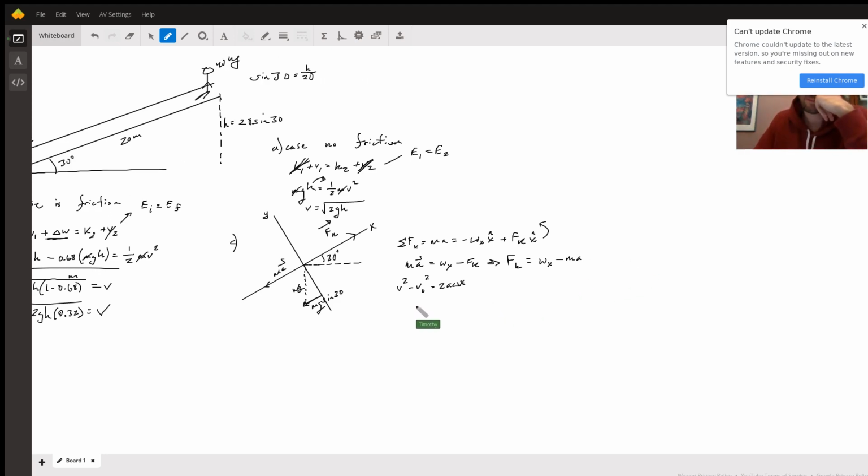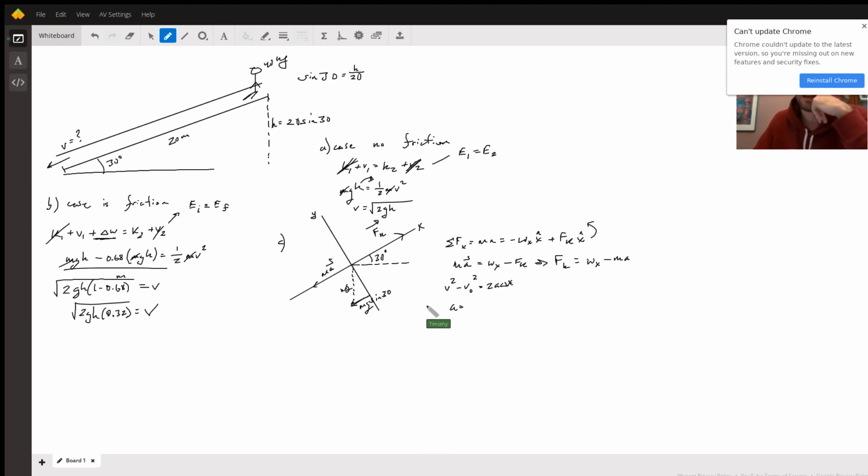Now, a is going to equal her velocity. Her final velocity is going to be with friction, so it's going to be that square root of 0.32 times 2gh, squared, divided by 2 times 20 meters, which is our delta x, and v0 is 0.